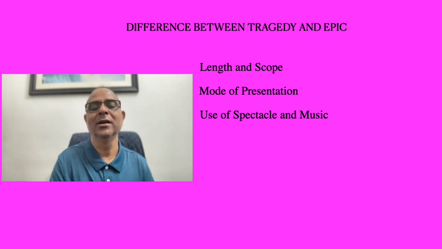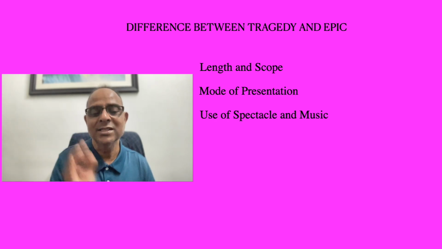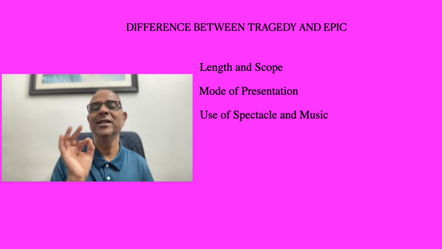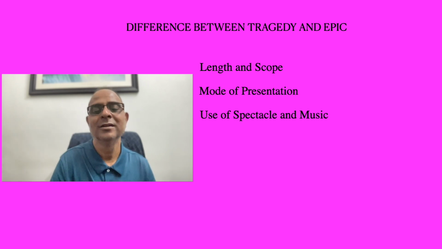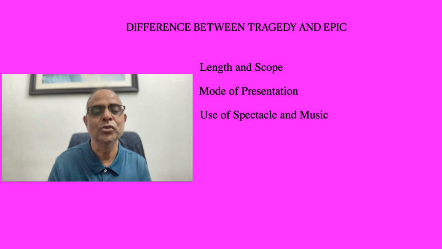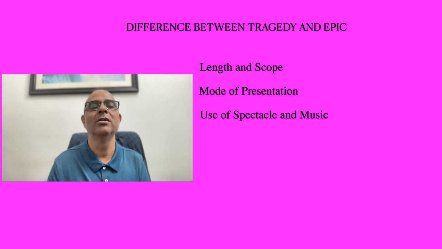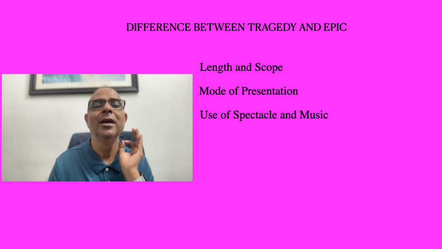Music and spectacle enhance the emotional and aesthetic experience for the audience. So they play a very important role in tragedy. What plays a very important role in tragedy? Spectacle and music. Whereas epic does not rely on spectacle and music.